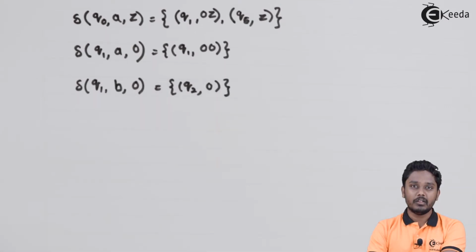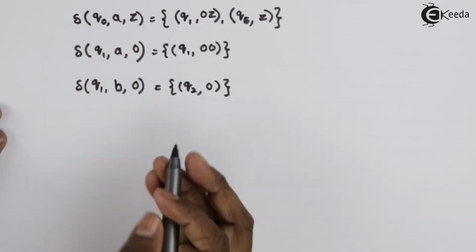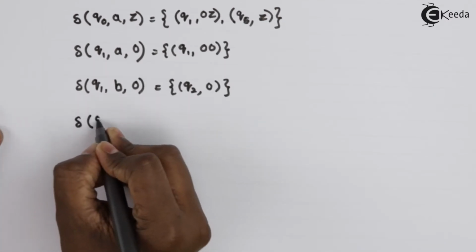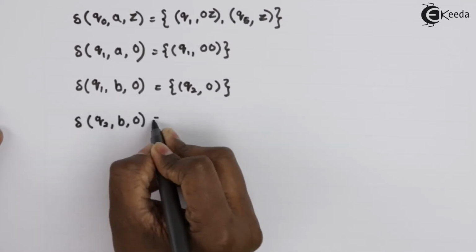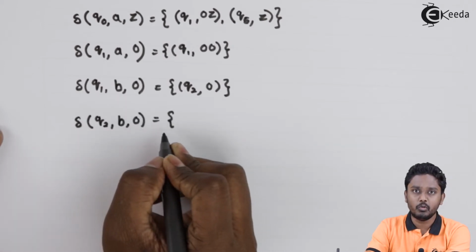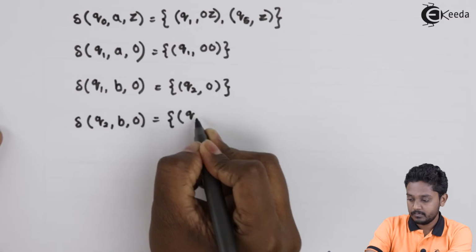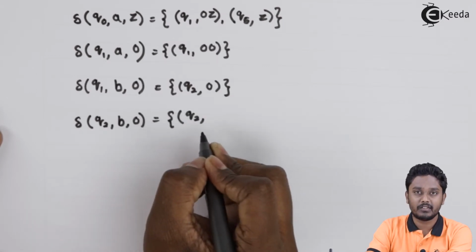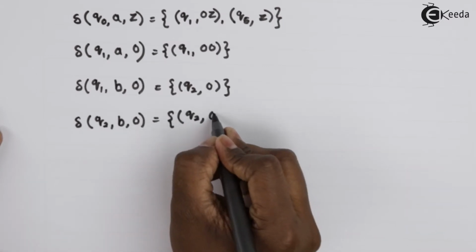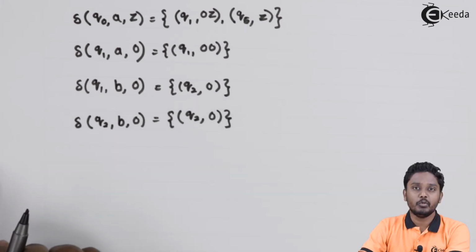Q2 on B with 0 as the top of the stack will skip the B. It will stay back to Q2, keeping the 0 as it is on the stack. From Q2, on encountering a C, it will have the transition to state Q3.